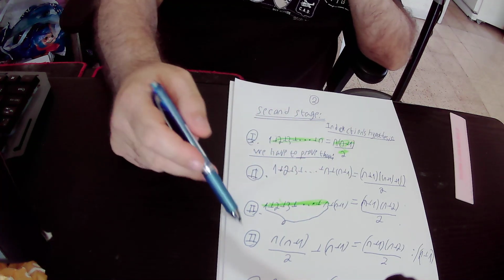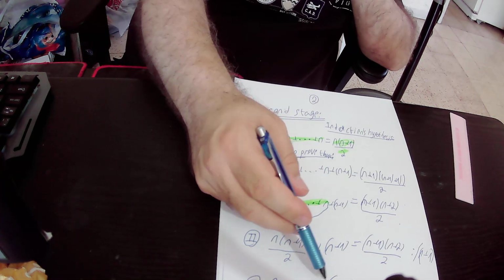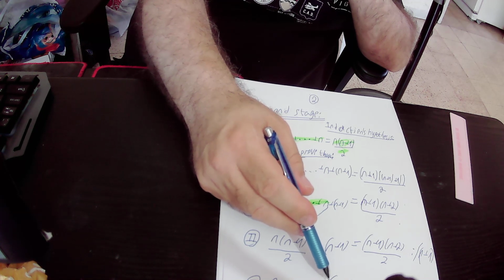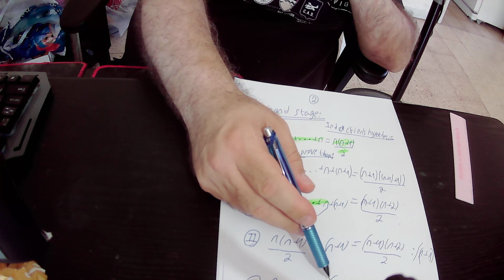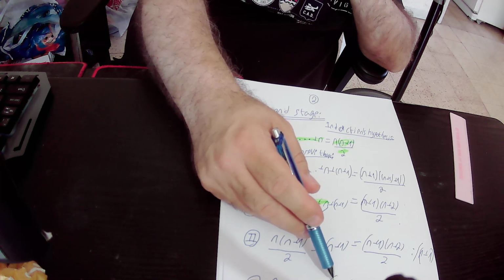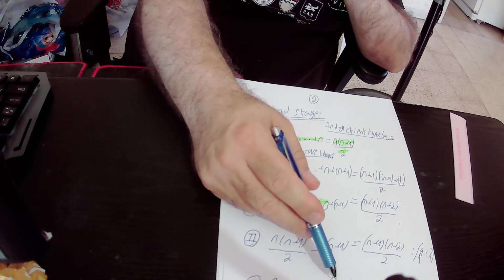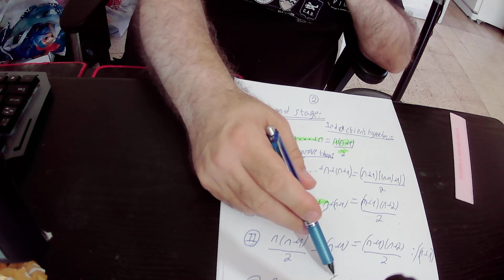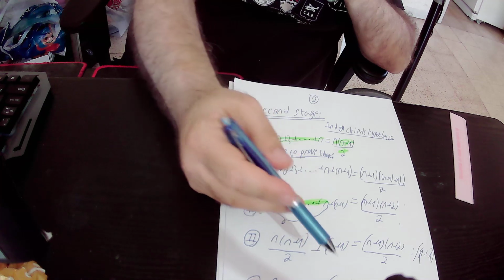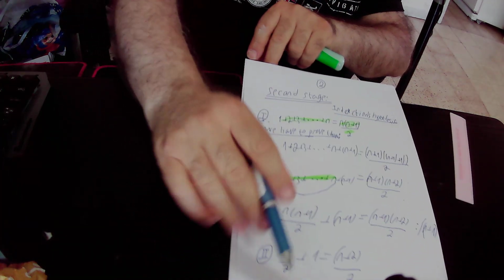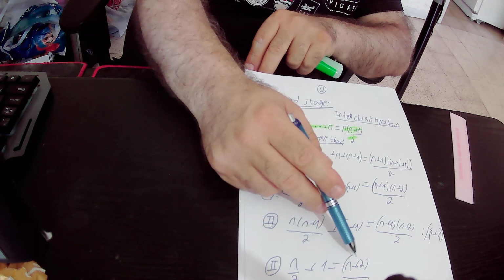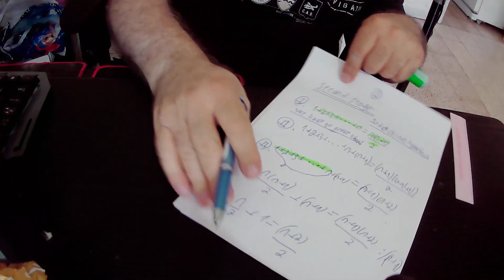So we can separate this expression into two parts. Because we have n plus 2 divided by 2, we can create here two expressions. It will be n divided by 2 plus 2 divided by 2.